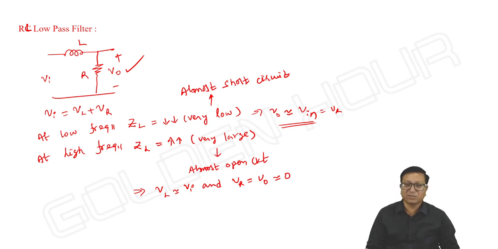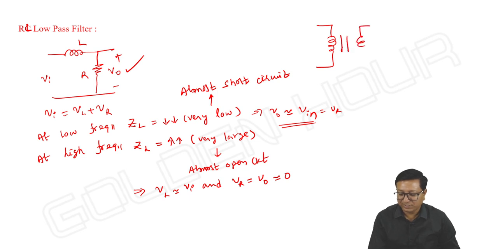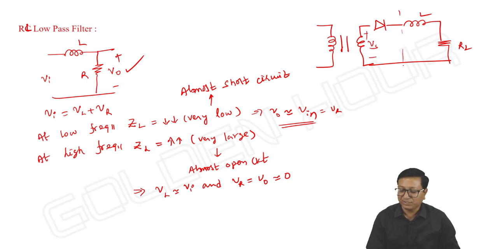Okay, and how does the rectifier circuit with a filter appear? I'm just writing for a half wave rectifier with a filter. After the diode, we place the inductor, next the load resistor. This is how the circuit appears. It is a low pass filter.